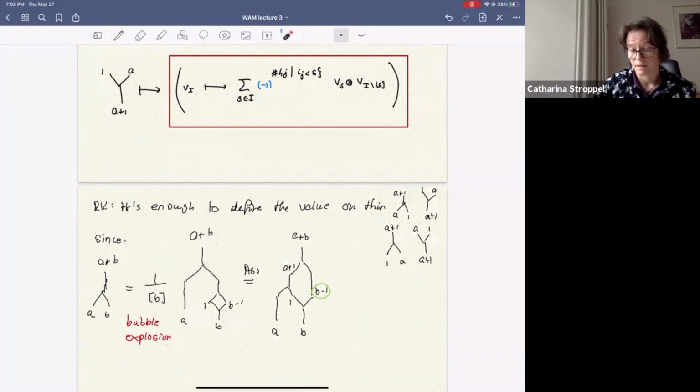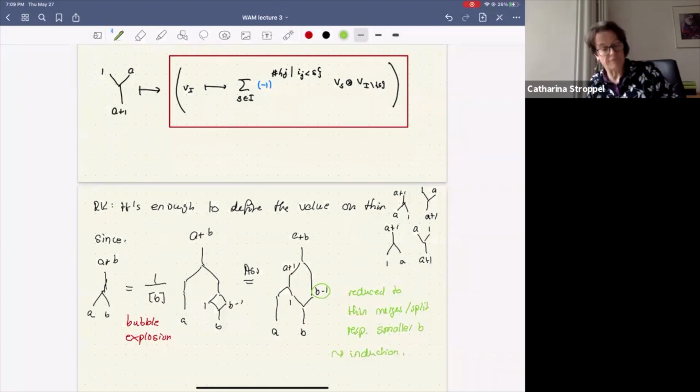So that means this merge at the top has a smaller B. And then here, this is a thin split, and this is a thin merge. So what I did, I reduced it to thin merges or splits, respectively with smaller B. And then you can just do induction.